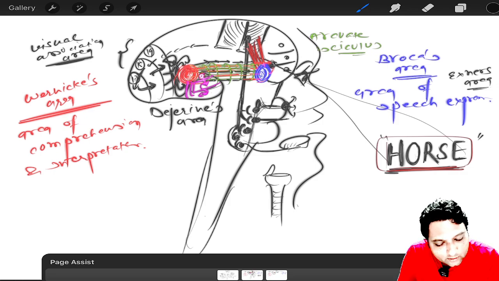Vagus nerve fibers supply your muscles of pharynx and larynx and muscles of vocal cord.